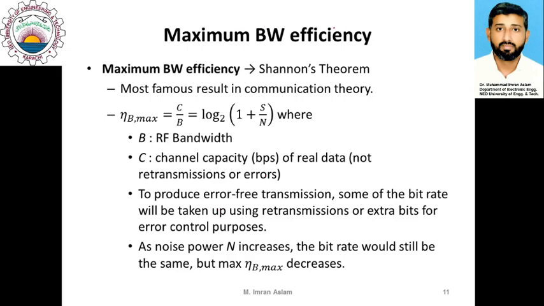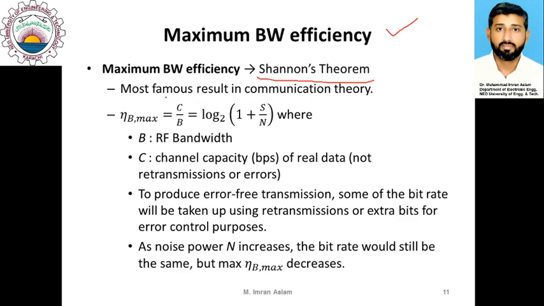So what is the maximum bandwidth efficiency that we can get out of a channel? That maximum bandwidth efficiency is represented by Shannon's theorem or the Hartley-Shannon law, which represents the capacity of the channel.